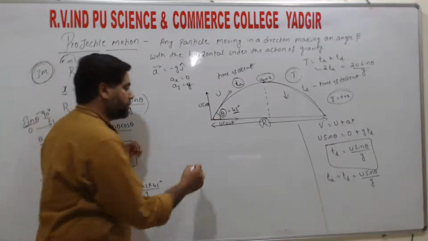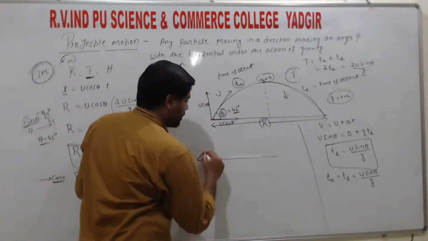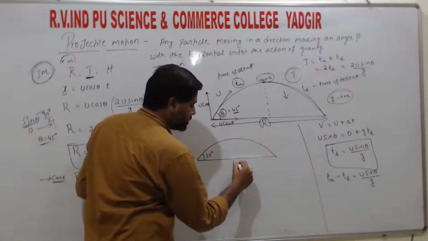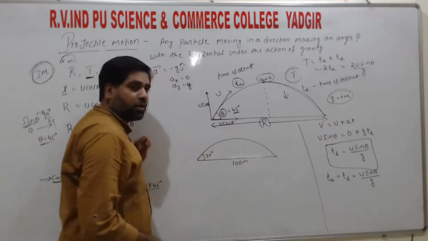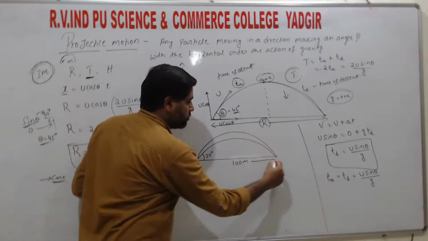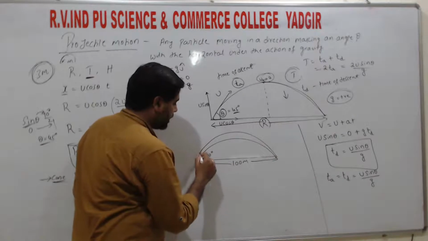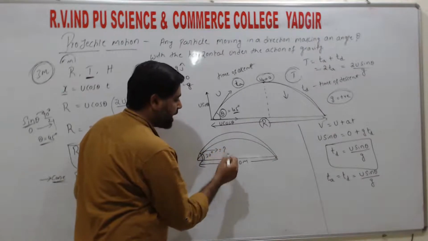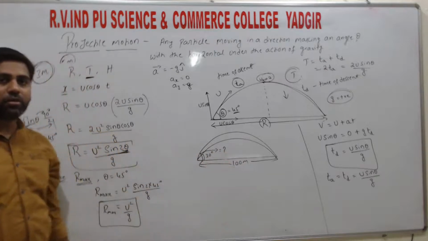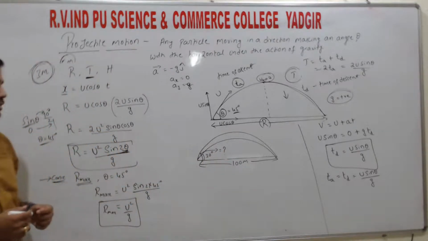That means if I throw with an angle some 30 degree, it covers some 100 meter, right? So for the same 100 meter, can we get the another angle of projection to reach the same range? ಸಿಗುತ್ತಾ? ಎಷ್ಟು ಸಿಗುತ್ತೆ ಅಂದ್ರೆ ಎಷ್ಟು?